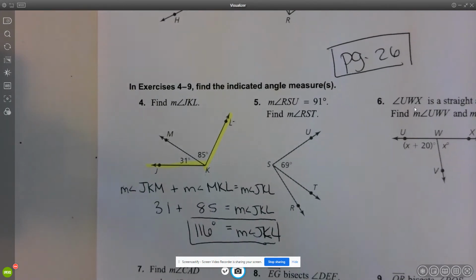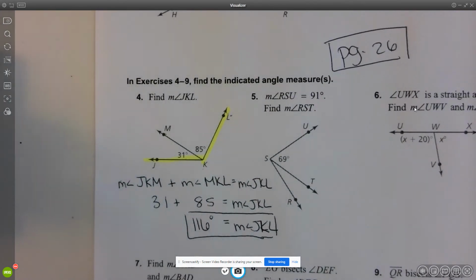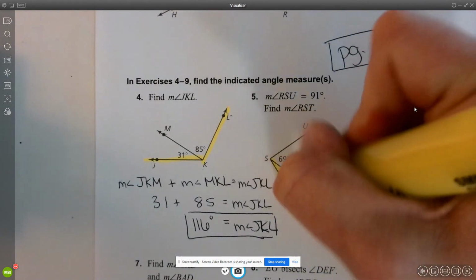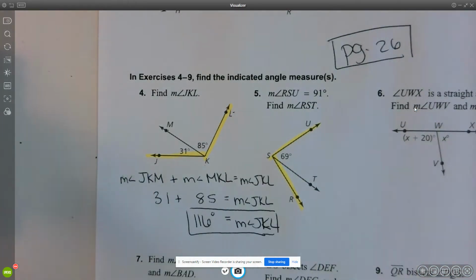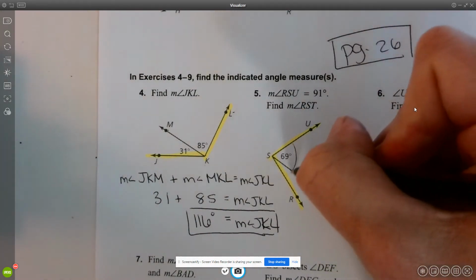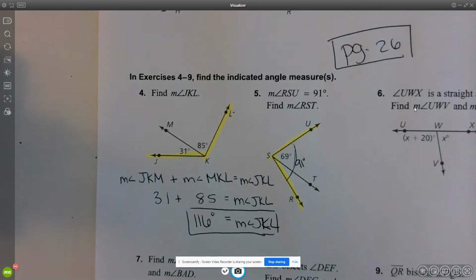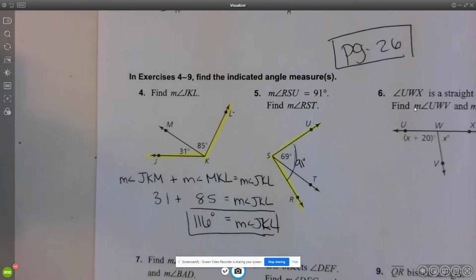In number 5, they tell us that the larger angle RSU has a measure of 91 degrees. So this larger angle here has a measure of 91 degrees. And I'm trying to find the measure of angle RST.